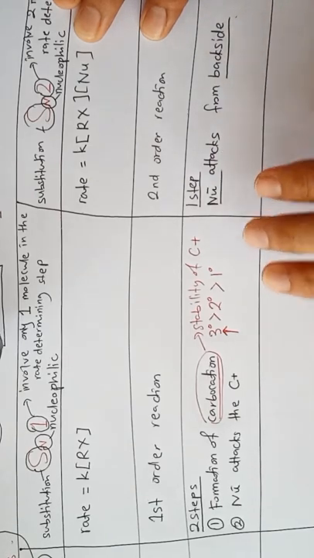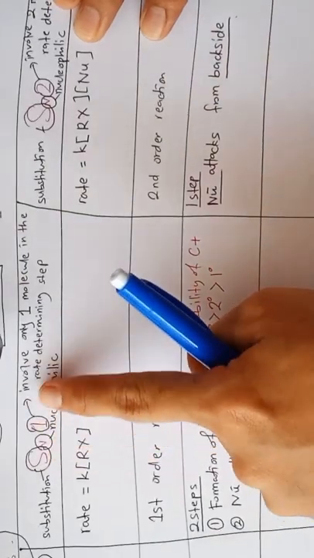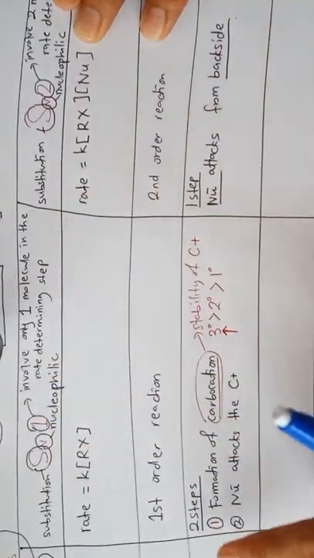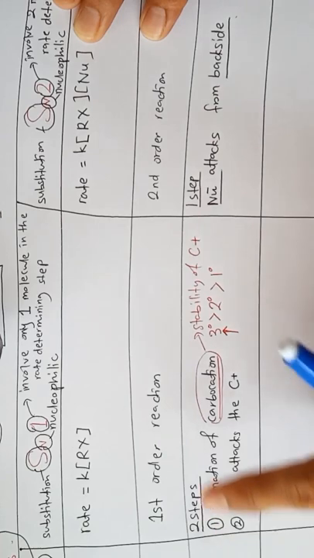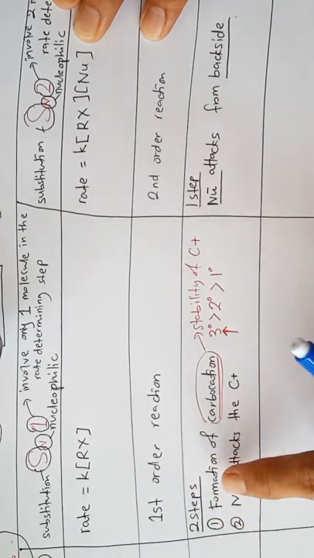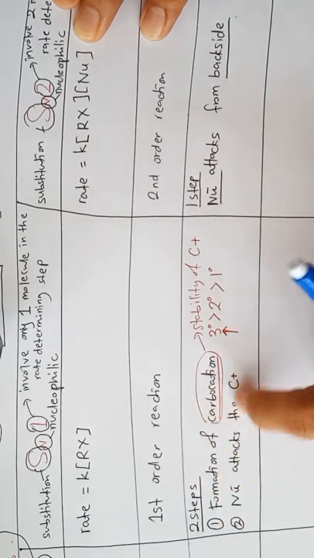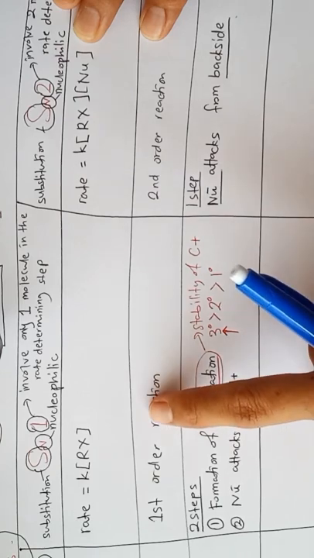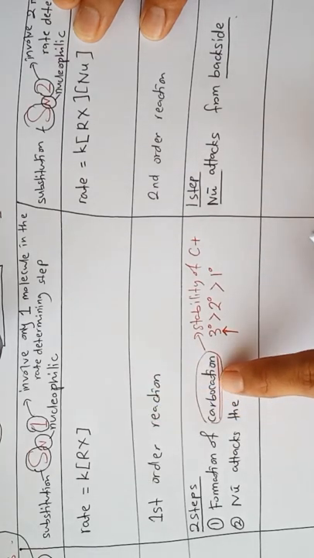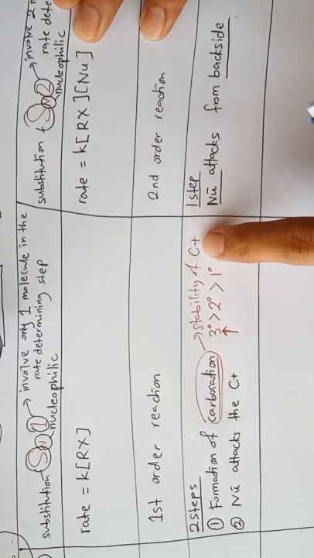I just want to emphasize here, for the SN1 mechanism, how the mechanism works is two steps. The first one is the formation of carbocation ion. When we talk about the carbocation ion, you should think about its stability.